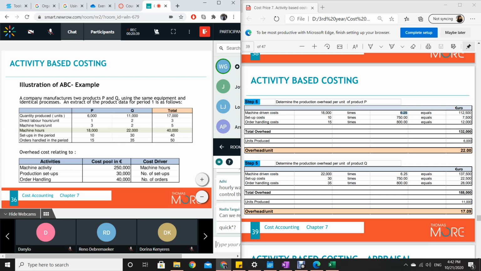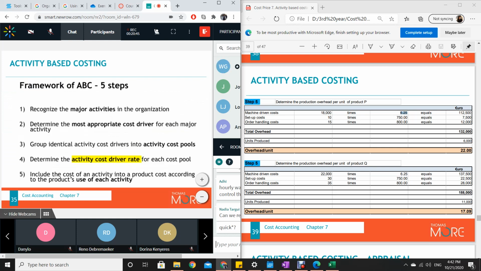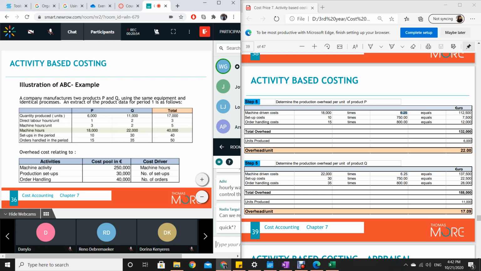That's step number 1. Step number 2 is to determine the most appropriate cost driver. The cost driver is already given here. Normally we leave it blank and then you can choose it yourself, but it's logical that for a machining activity, you use machine hours.